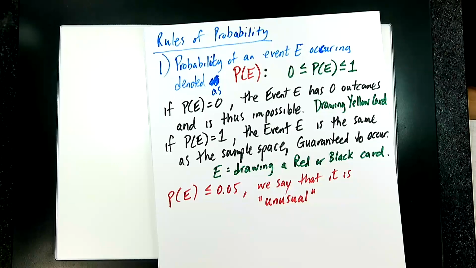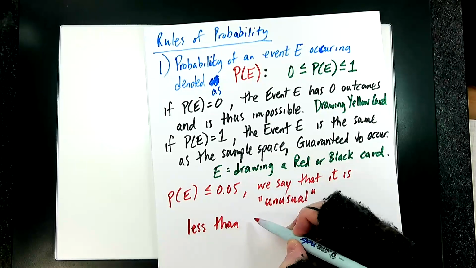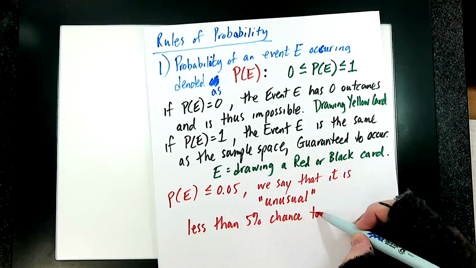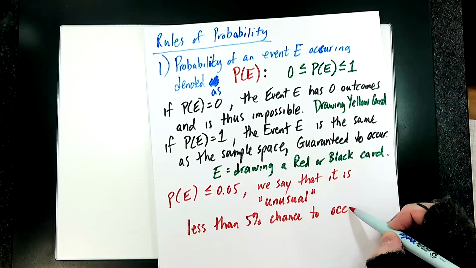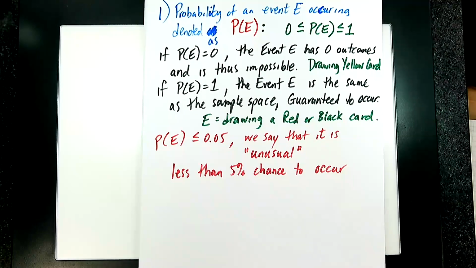Unusual means it just happens less than 5% of the time. That was rule number 1.